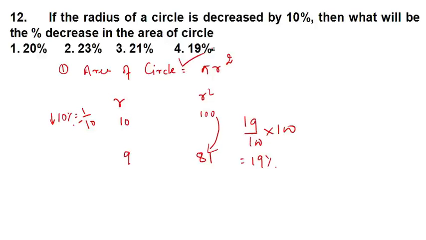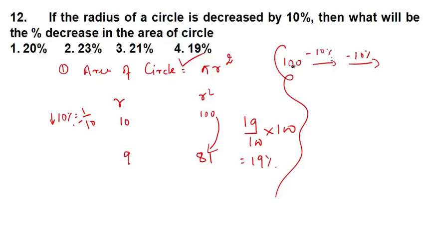So I hope you can do it with the second method also. Let's see how it will come. If we go ahead with the second method, I'll assume that my area of circle was 100. Okay. Then r square means it got decreased by 10%, then again 10%.